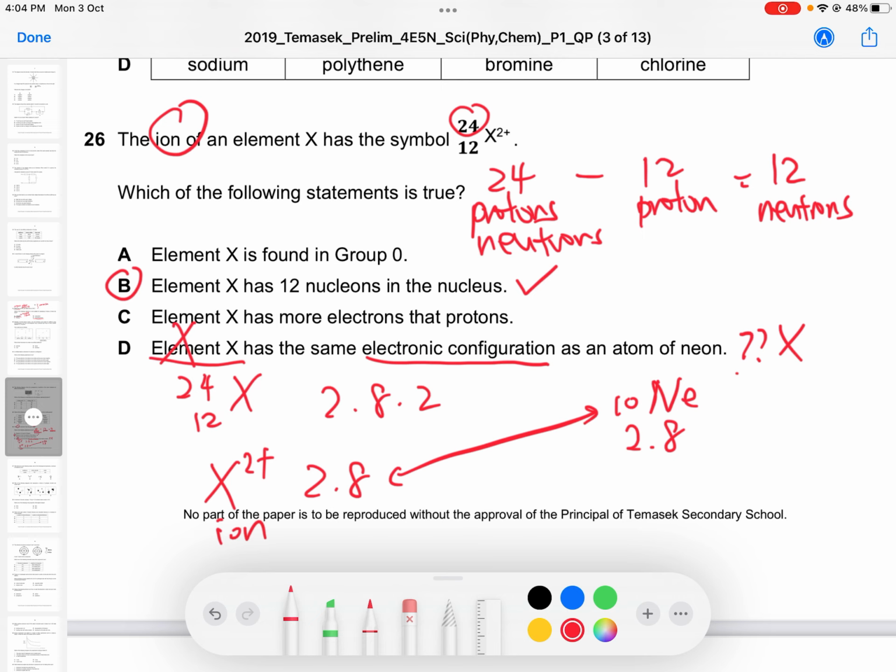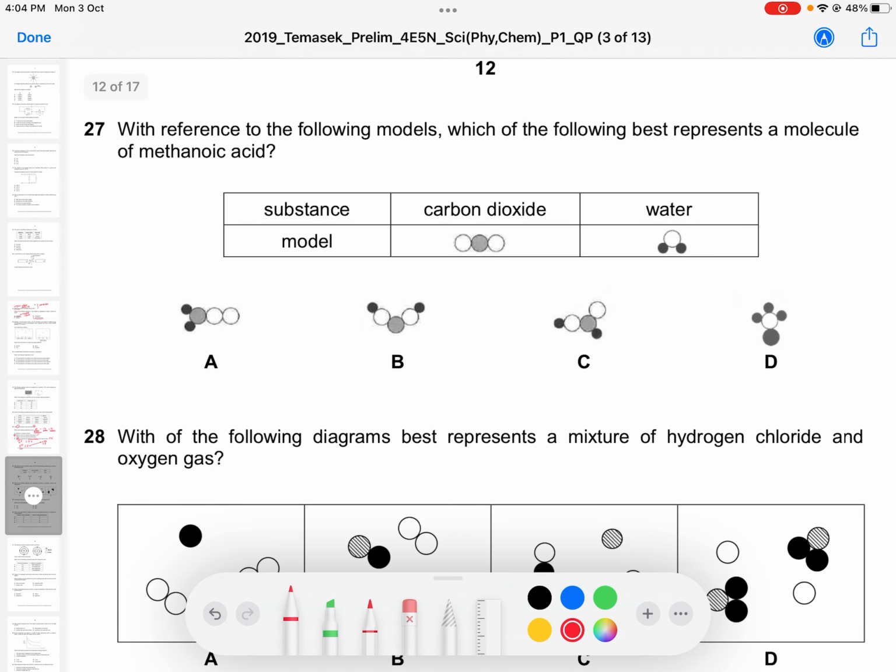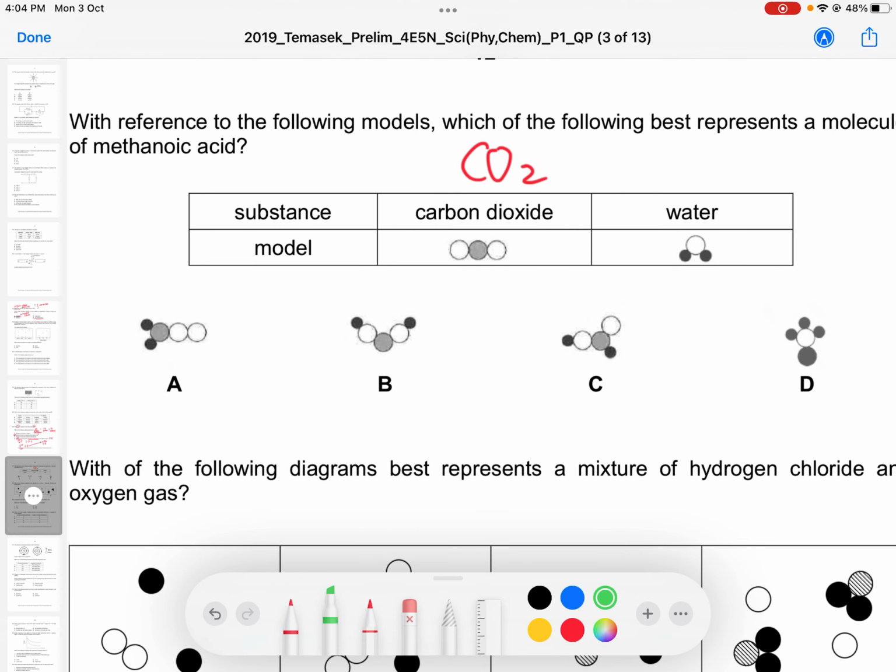Alright. The next question is question 27. For this question, only 18 got it correct. First of all, carbon dioxide is CO2. The symbol representing oxygen is the white one. The one representing carbon is the shaded one. The small one is your hydrogen.